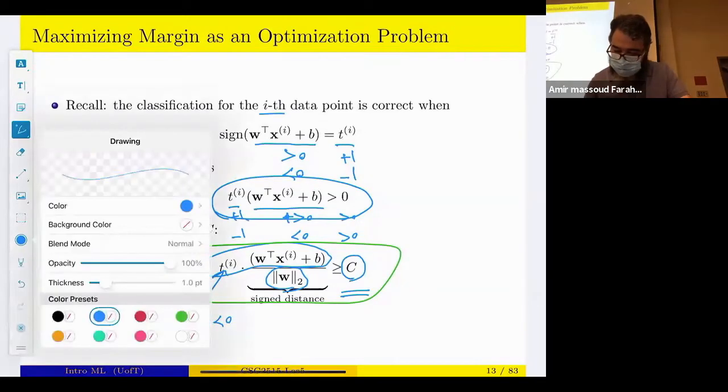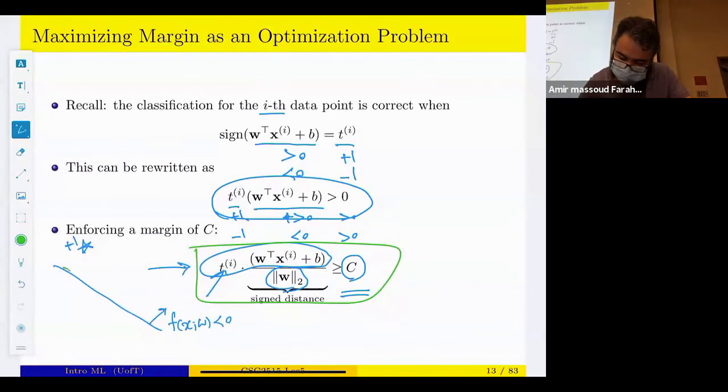So there is a distance, say for example, 5.3. Okay, it's been confusing.